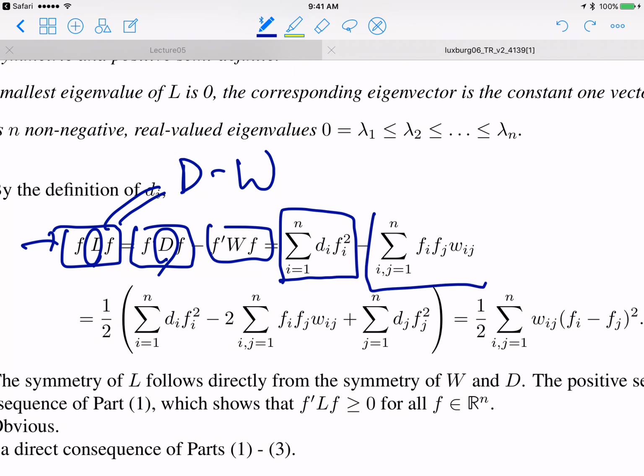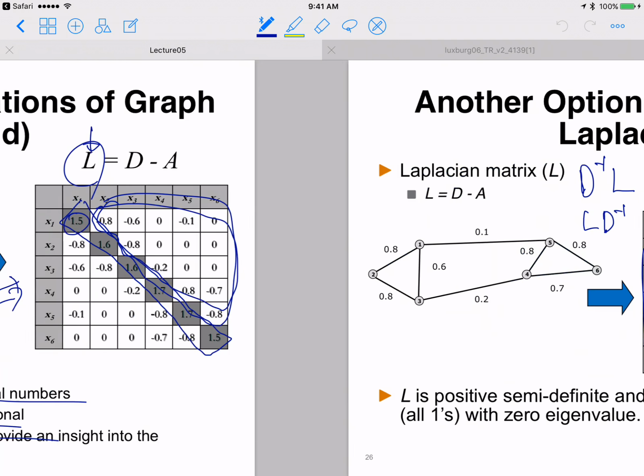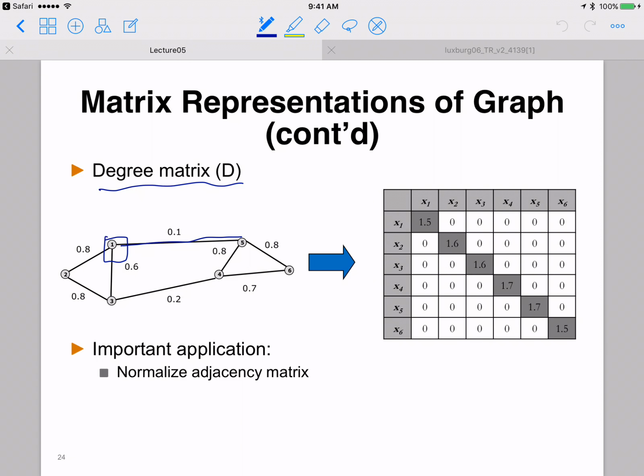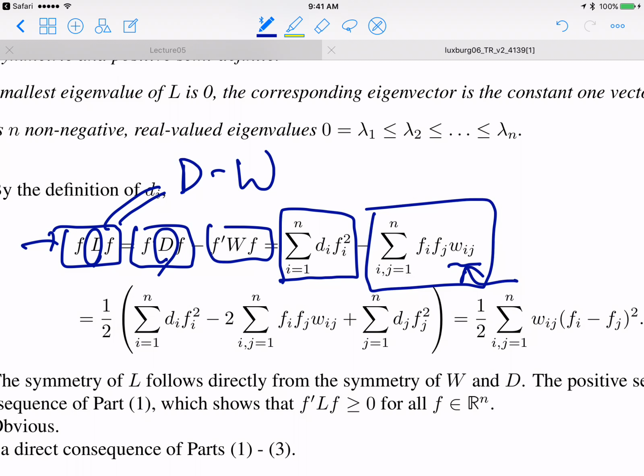And then this part involves the elements of our adjacency matrix, corresponding to the edge weight values, right? So what was our matrix A? A was just these values corresponding to these edges, so Fi times Fj times Wij, and we have a minus sign here, right?